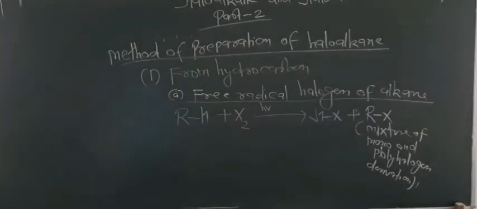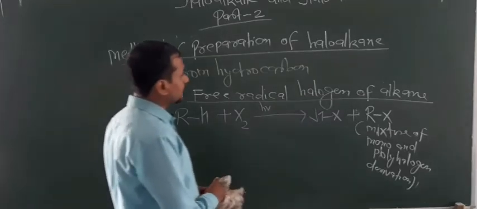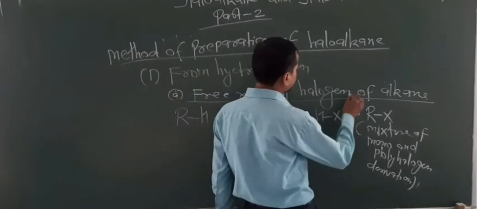So this is the general reaction of halogenation of alkane, basically free radical halogenation.